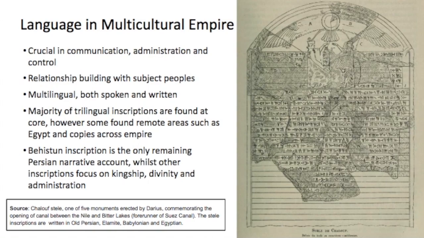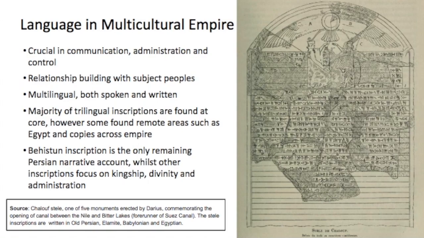The stele inscriptions are written in Old Persian, Elamite, Babylonian, and Egyptian. So you can see the use of local language as well being very important in order to make sure that the Egyptians understand that it was Darius who built this, it was Darius who contributed to the economy, and it was Darius again who, under Ahuramazda, is the king of this area.